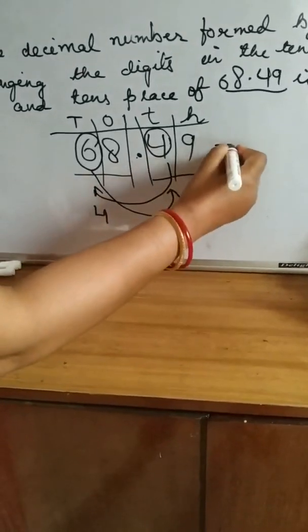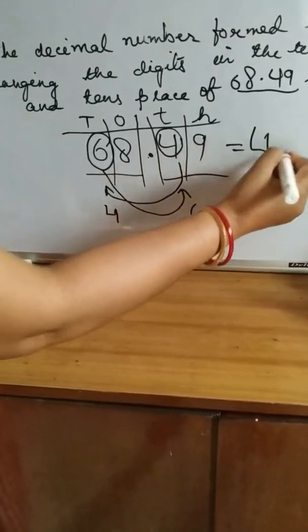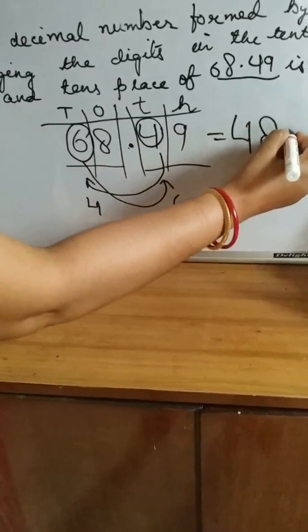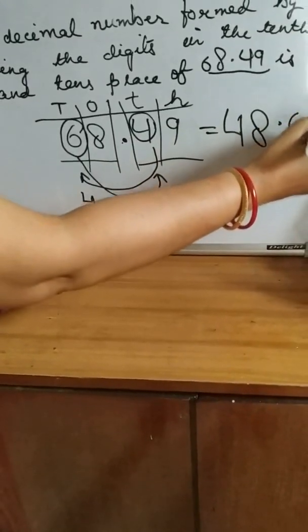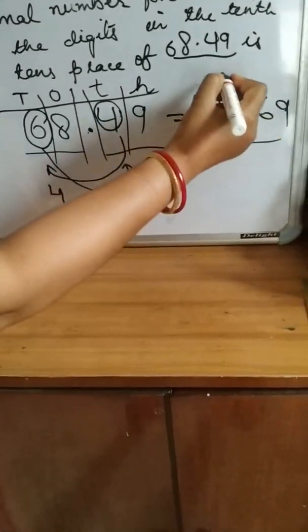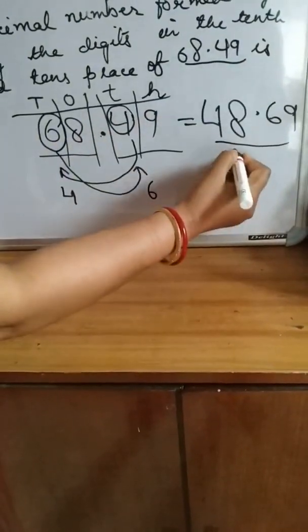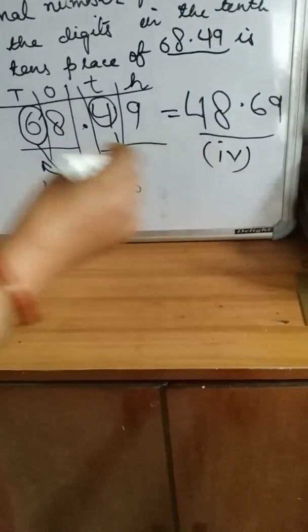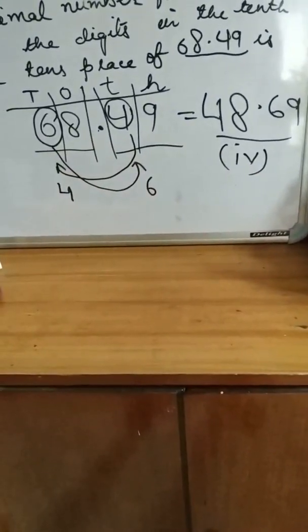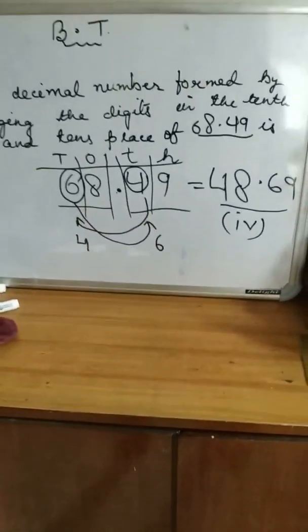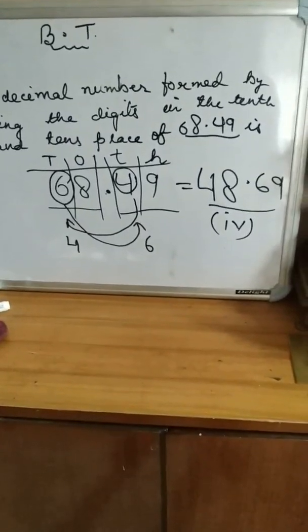So what will be the number? The number will be 48.69. And it is the 4th option. So the 4th option, 48.69, is the correct answer.